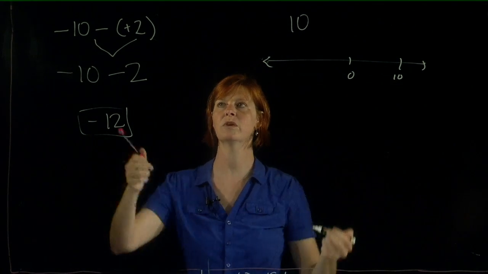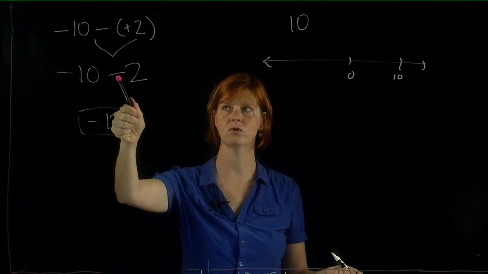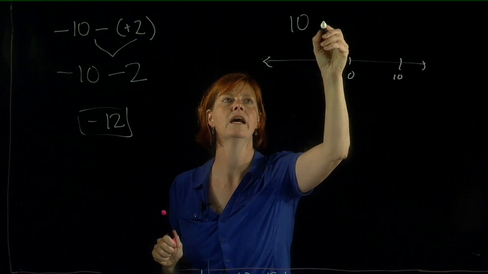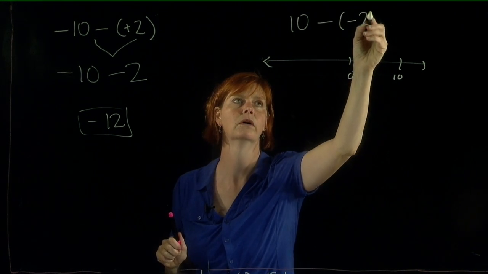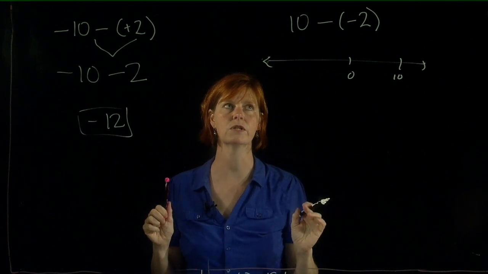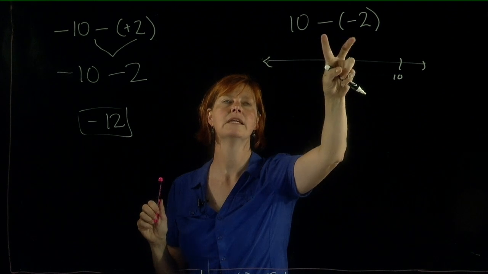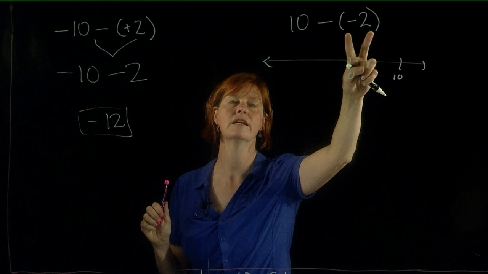Now, that last one was take away a positive, which together meant that you just subtracted, you went down. But if I had, let's go, take away a -2, now this is a little confusing. What I'm going to do is take the opposite of this one.